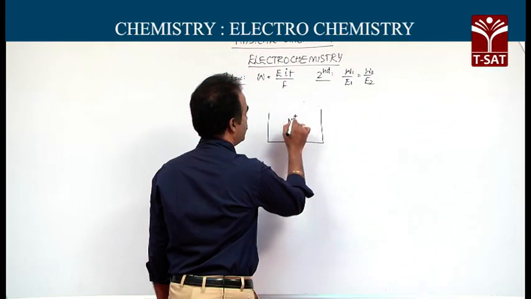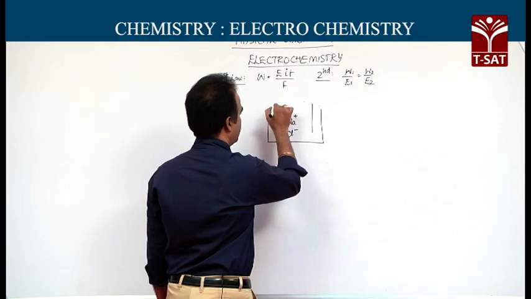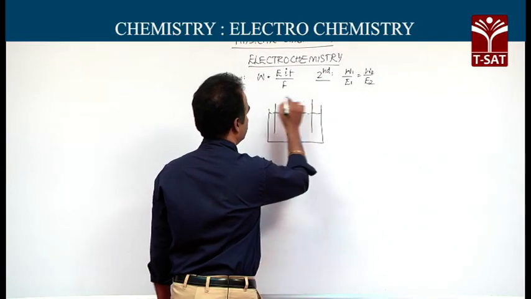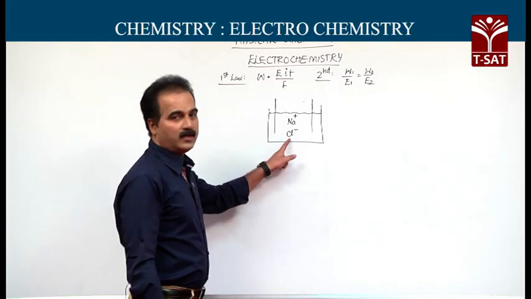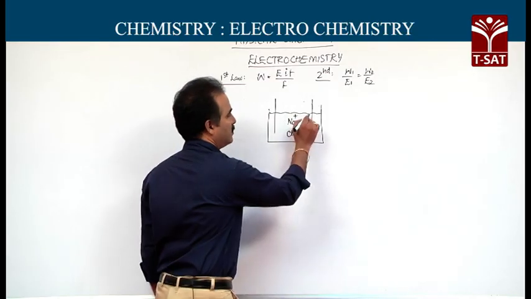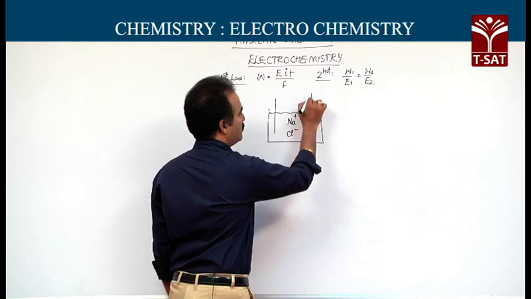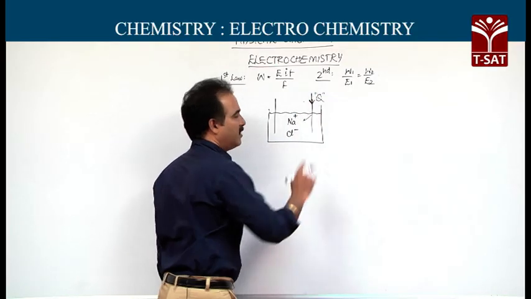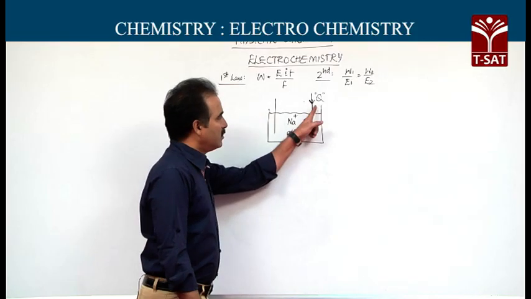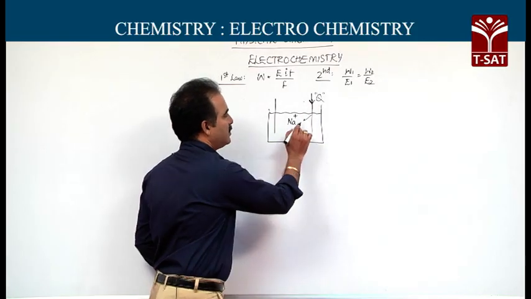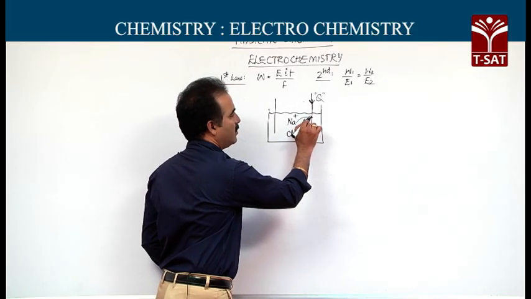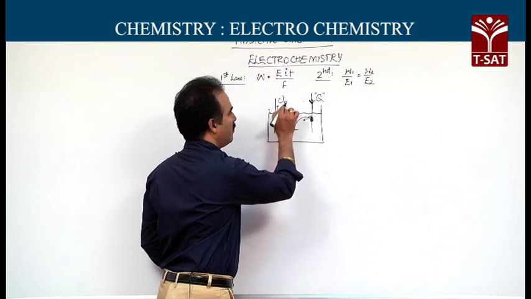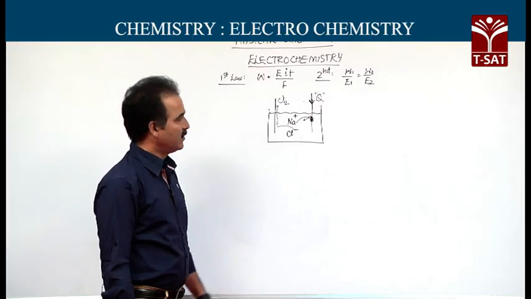When molten sodium chloride is subjected to electrolysis, suppose some quantity of current is passed. How much sodium will be deposited and how much chlorine will be liberated? That is my question.